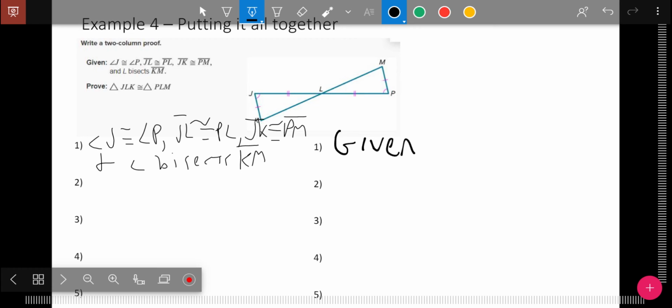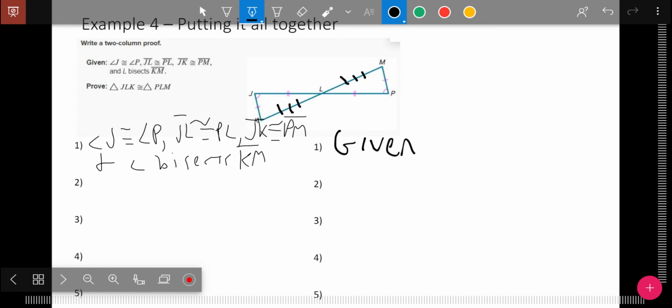The last part of the given is this rule: L bisects KM. So what does that mean? That means L splits KM in half. And so I can mark this half equal to this half.